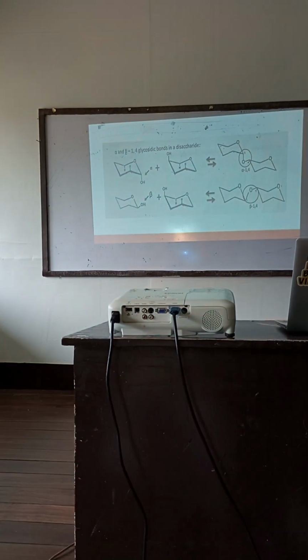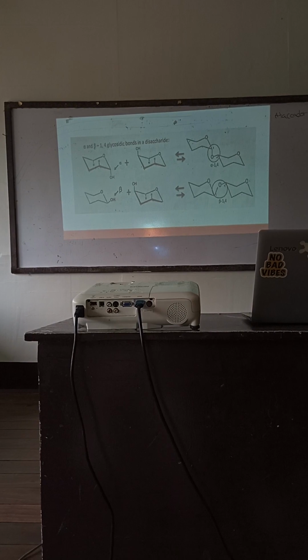Once you know Fisher and Haworth, it's automatically easy. This one is axial and the other is equatorial. As you can see, alpha, beta, 1,4. As I said earlier, this is your oxygen bond. 1, 2, 3, 4.